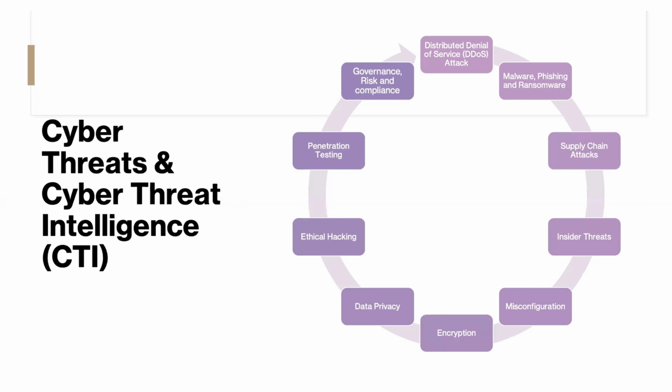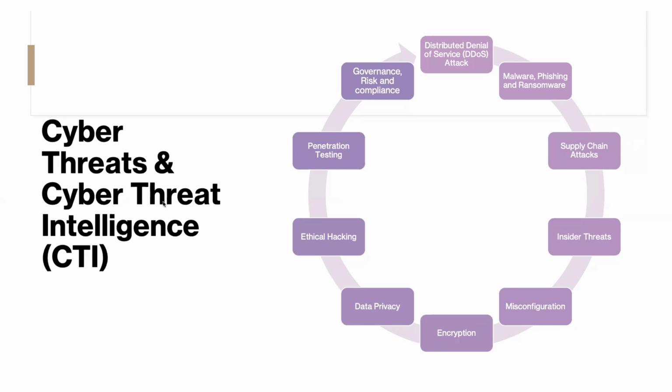So let's move next so we can see some examples of cyber threats and cyber threat intelligence tools. Some of our cyber threats are distributed denial of service attacks, malware, phishing, ransomware, supply chain attacks, insider threats, and more.